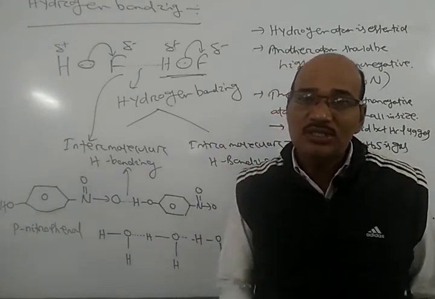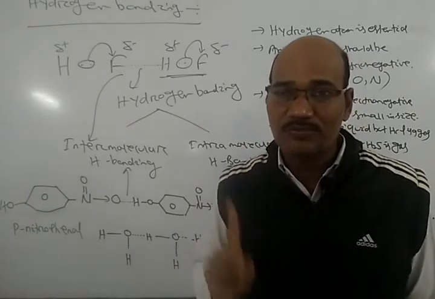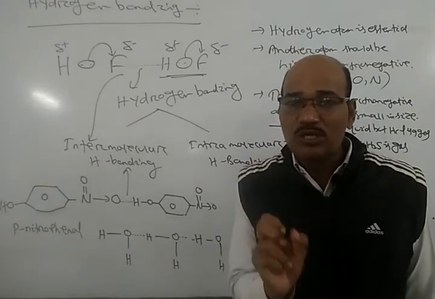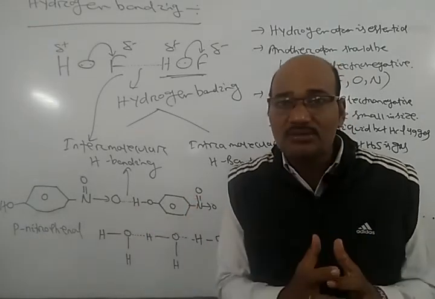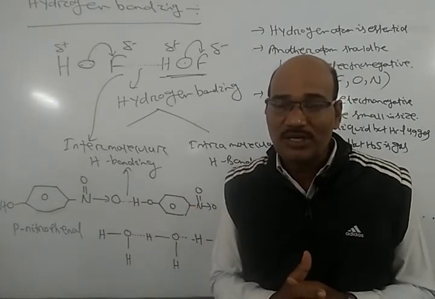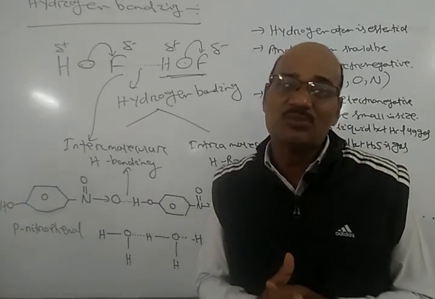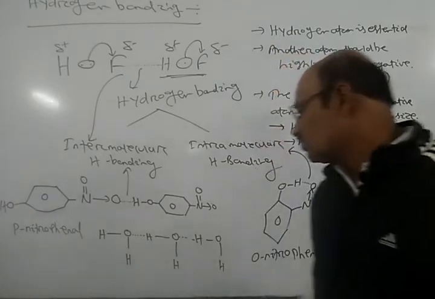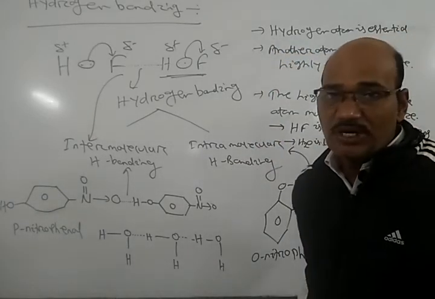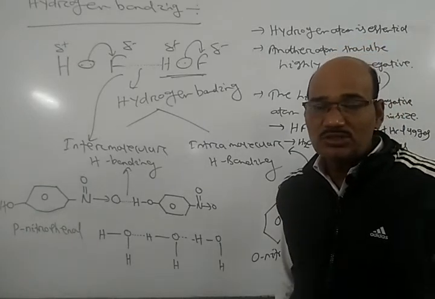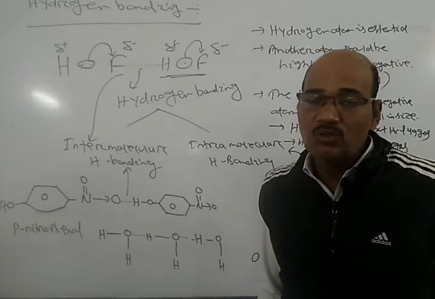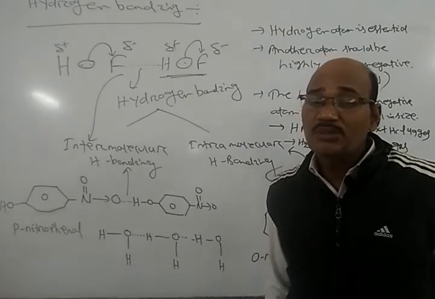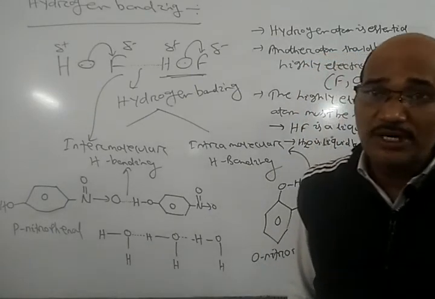So there is no hydrogen bonding in H2S, and the molecules do not associate with each other, so they exist as gaseous molecules. So H2O is a liquid due to the presence of hydrogen bonding, but H2S is a gas due to its absence. Why is there no hydrogen bonding? Because of the large size of the sulfur atom.